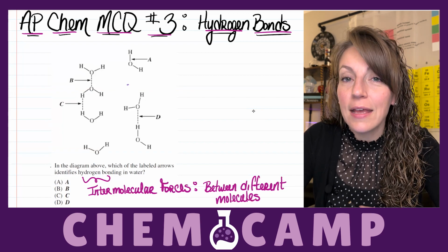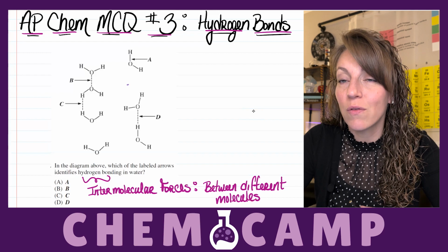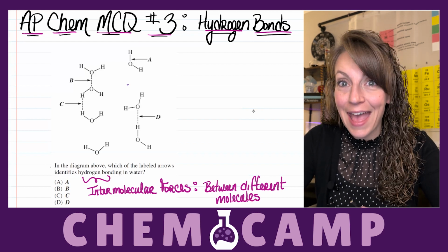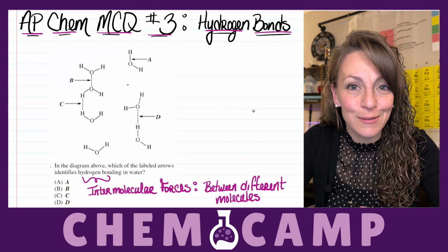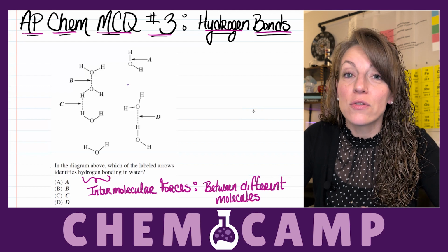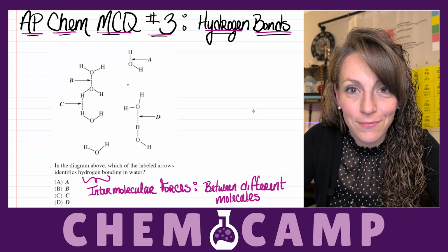Only then can a hydrogen bond form between the H end of one molecule and the F, O, or N end of a different molecule. This actually winds up being the strongest type of dipole-dipole interaction you can have.